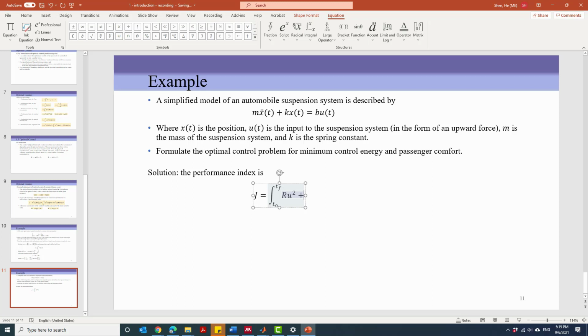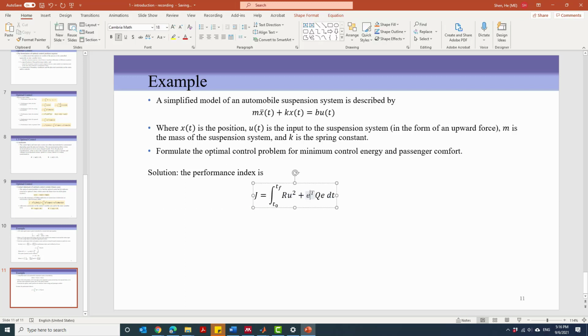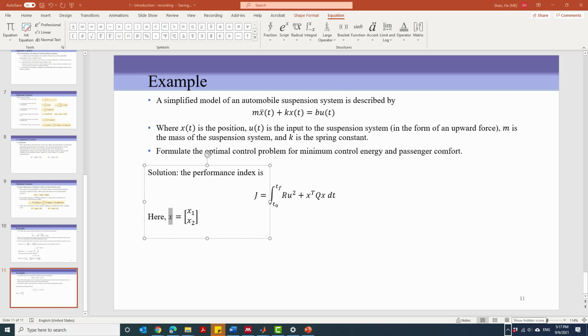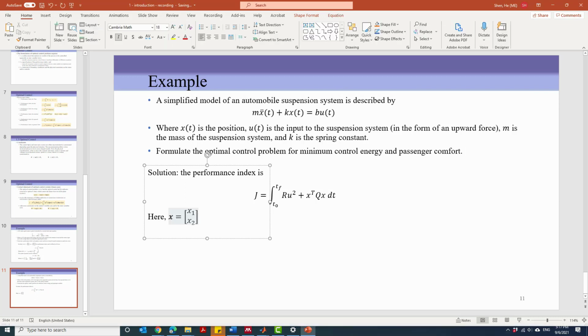The passenger comfort requires position and velocity to be kept at a constant 0. Here we want x to be 0, so the smaller x, the better. Here x is the vector, where x1 is defined as the position and x2 is the velocity.